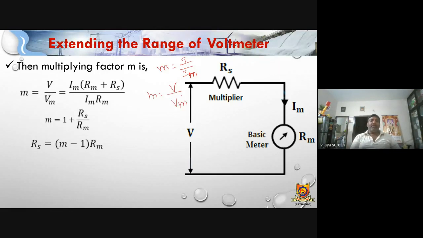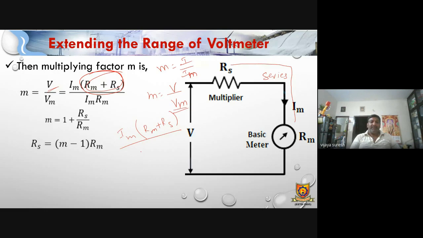V is the input voltage, which is the current flowing through times the resistance, that is I into R. V is nothing but I into the total resistance, because Rs and Rm are in series. That's why Rm plus Rs will be there. So here we have the total resistance, divided by the Vm value.